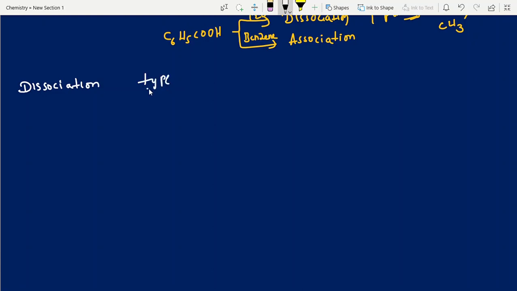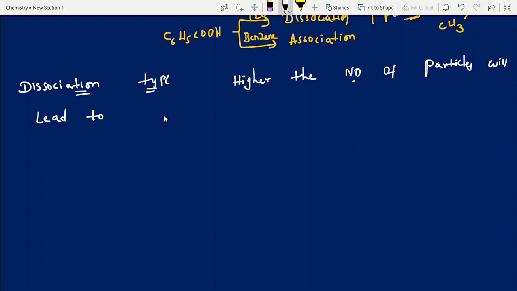Dissociation type, higher the number of particles will lead to higher value of colligative property.